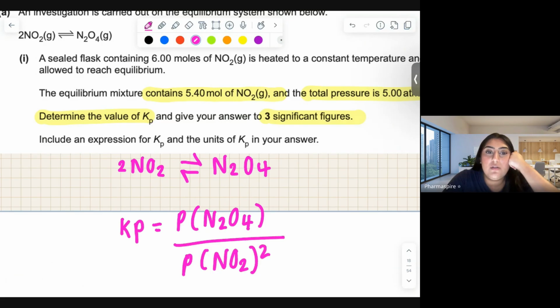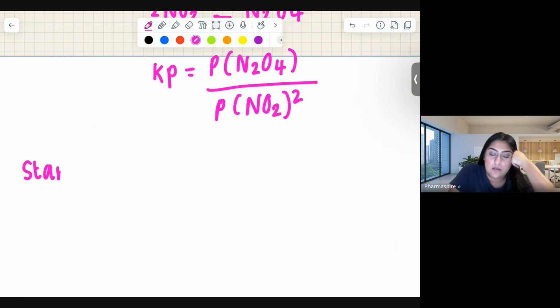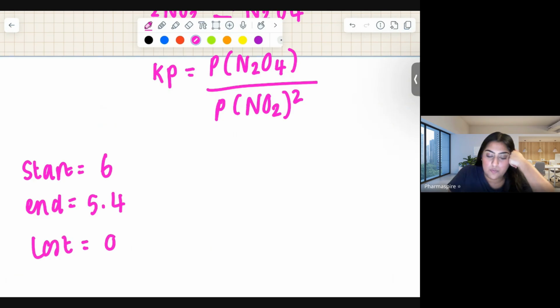So we need to actually write down what they've said. They've said a sealed flask contains 6 moles of NO2 and the equilibrium mixture contains 5.4. So they've basically told us what's happened at the start, which is 6 moles for NO2, and at the end, they've ended up with 5.4. So what has been lost is 0.6, right? That's what's been lost during the process. This is when we need to use the equation, because when you're dealing with moles, you're looking at stoichiometry and you need to know the equation.